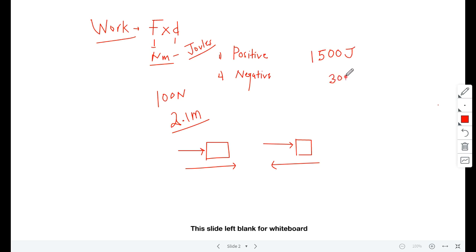Calculate the force required. So 1500 divided by 30 is 50. So it's 50 newtons.